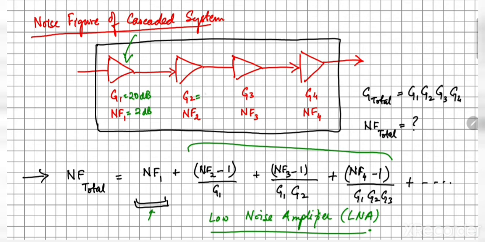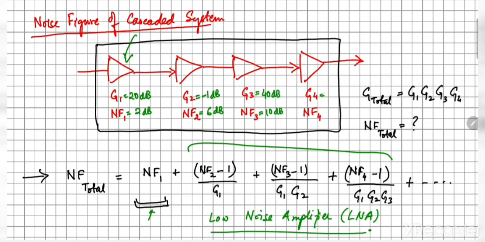G2 is equal to minus 1 dB, which may well be a filter with an insertion loss of 1 dB, and the noise figure of this filter module is high, let's say 6 dB. Then we have another amplification block which has a high gain of 40 dB and a considerably higher noise figure as well, so let's say 10 dB.